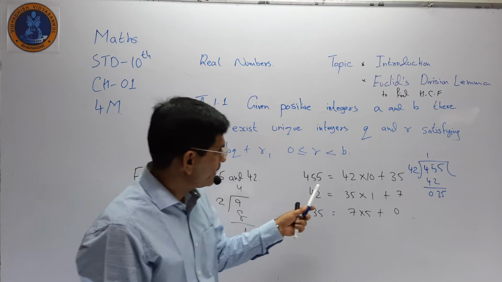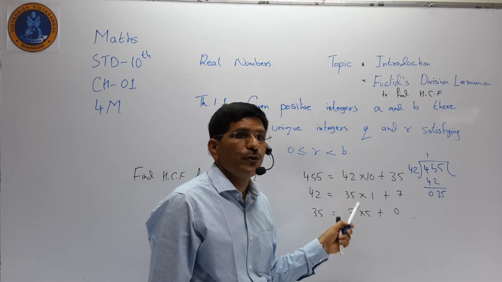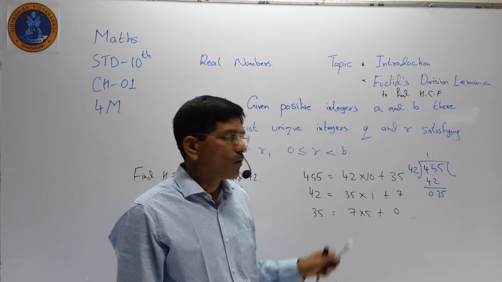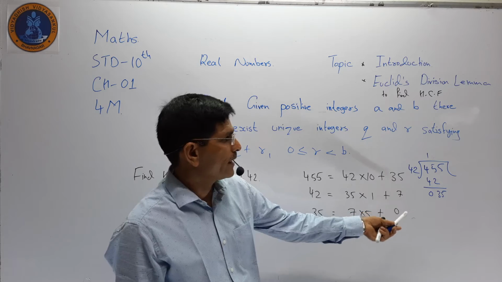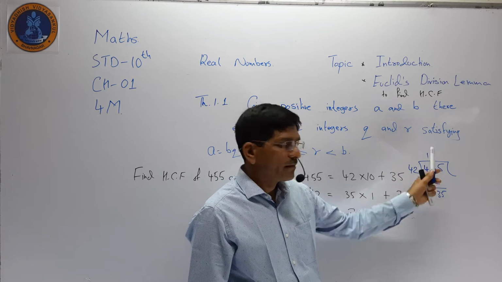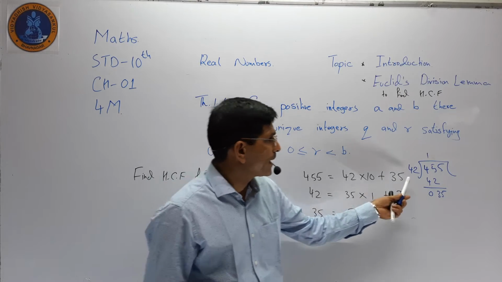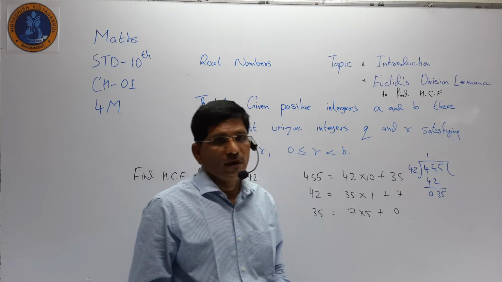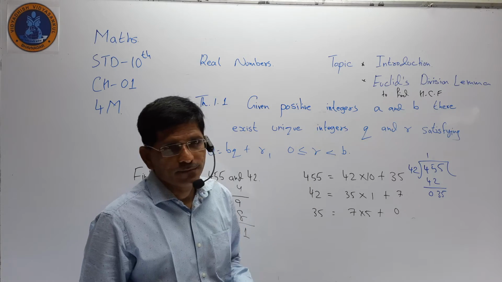Again I am writing here 42 into 10. Why am I writing 42 into 10? Because 42 into 10 is 420. Now 35, can I write 1 as it is? Not possible, because here I am taking 2 digits, not 1 digit. That is why we have to write 10.